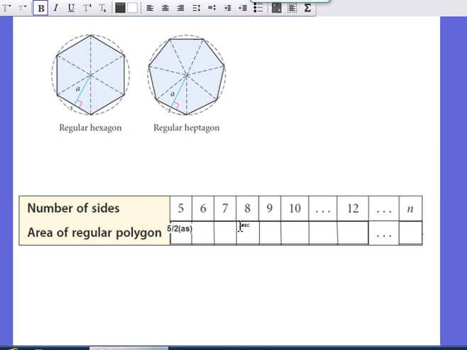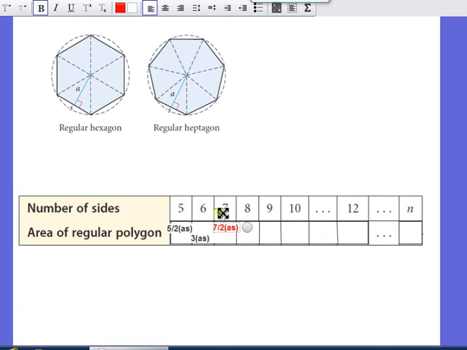Now watch, I'm going to keep writing these in. Now over here, it's 6/2 times the AS. However, what is 6/2? It's just 3. I hope everyone could answer that. So that's 3 times A times S. Then we go to 7. That's 7/2 times AS.